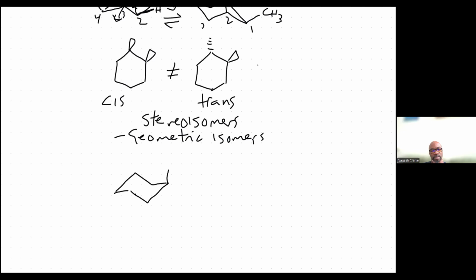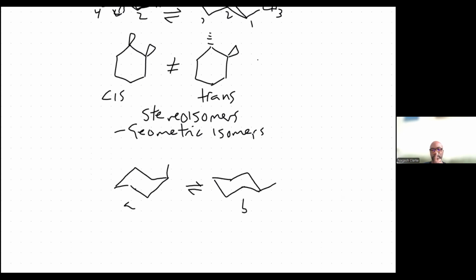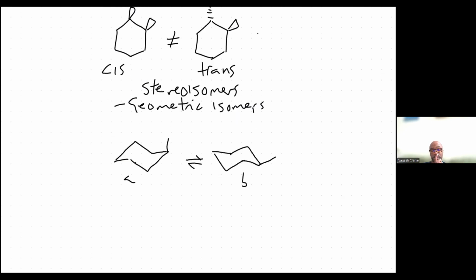Now on the ring flip, my methyl group is going to be equatorial. So A versus B. Now, which one is the most stable, would you guess? Yeah, A is less stable, B is more stable.